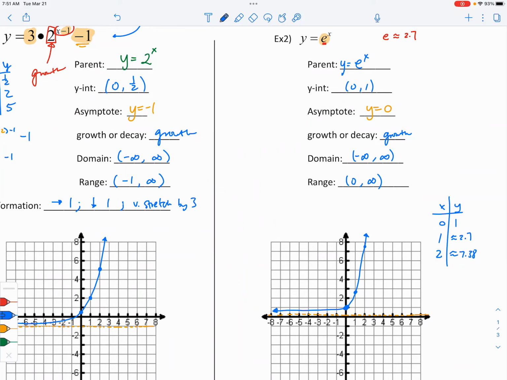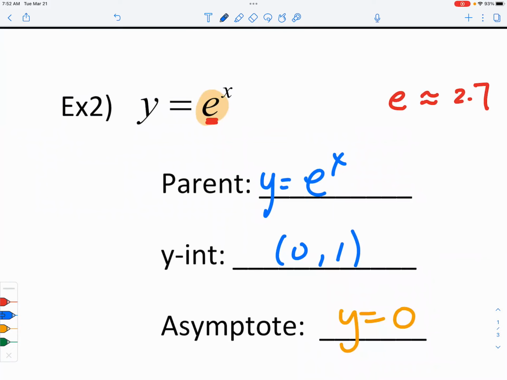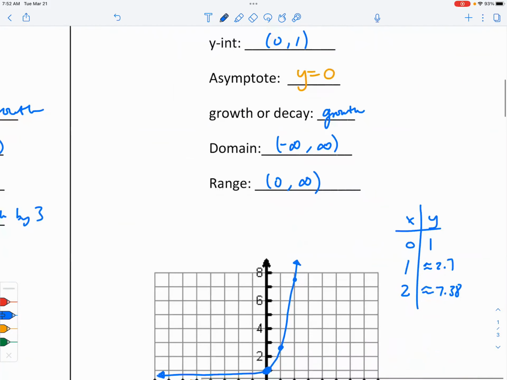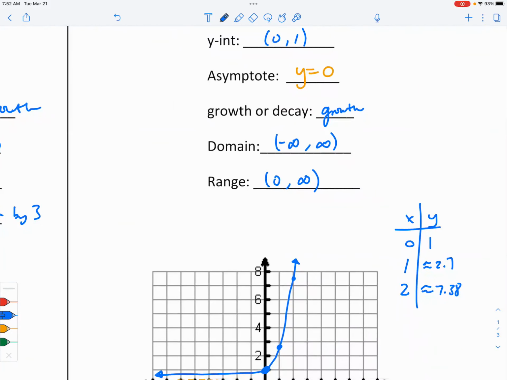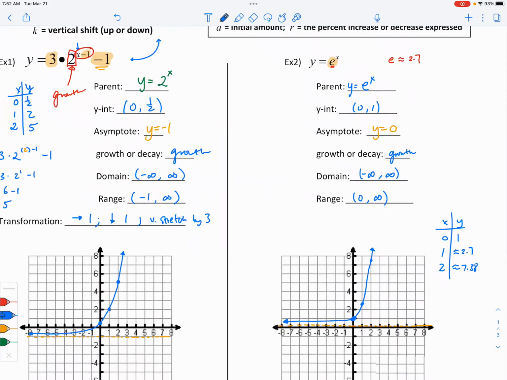When you have a number raised to a certain power, you should know that if the number on the base of the exponential function is bigger than 1, it's a growth. If it's a fraction less than 1, that will be a decay. You will need 3 points for your graph. So propose any good 3 points, and you'll be good.